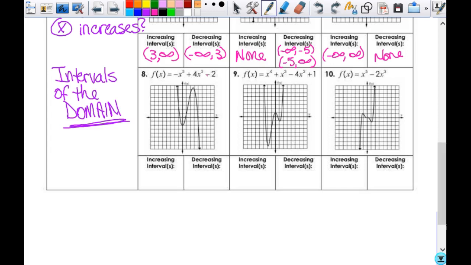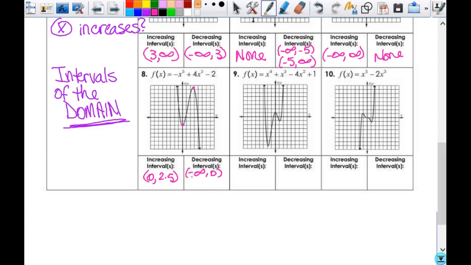All right, so then increasing intervals, are there any? Yes, starting at here, 0, and going to 2.5. That sounds good. And then decreasing from negative infinity to 0.